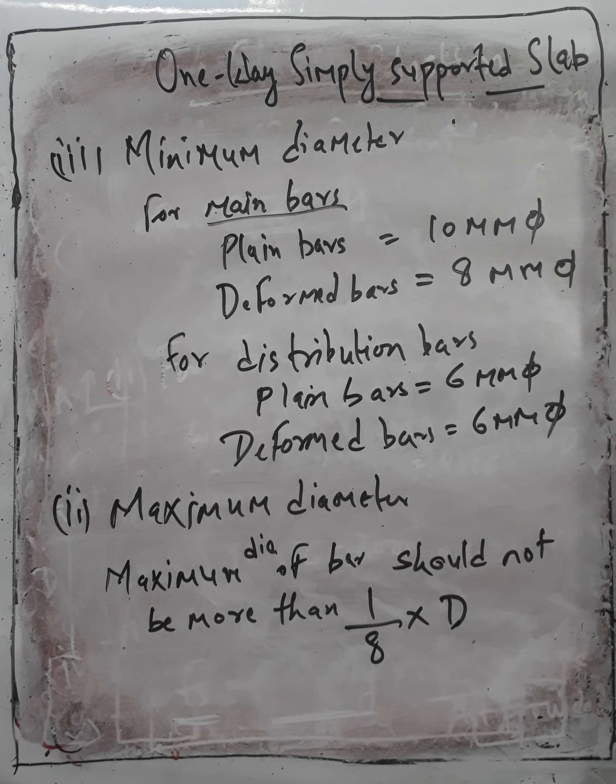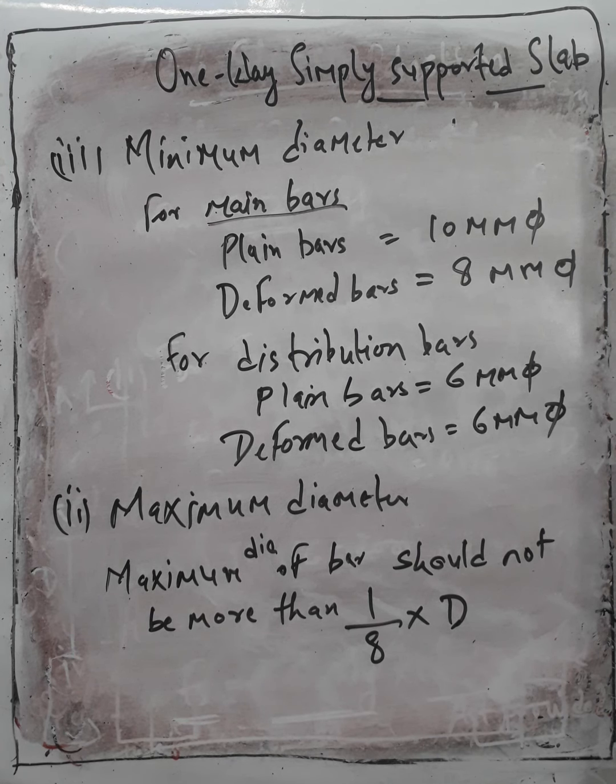Now after finding this reinforcement, you have to check whether it fails in cracking, deflection or development length. So after that we have to provide the checks, means here our problem is solved, means up to this point we have found the reinforcement.